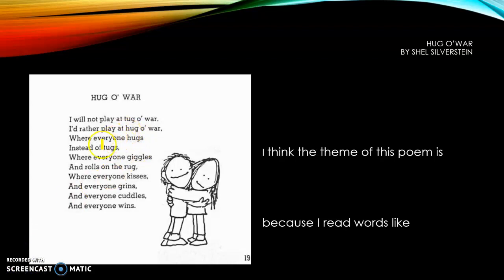I have words like giggles, kisses, grins, cuddles. So those, to me, sound like love and friendship words. So I would say I think the theme of this poem is friend.